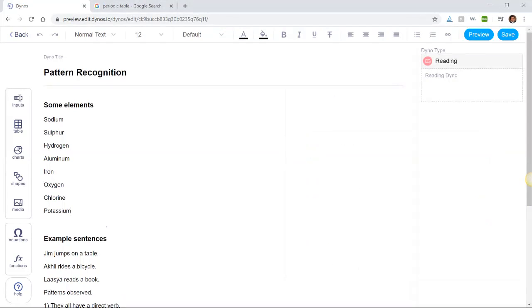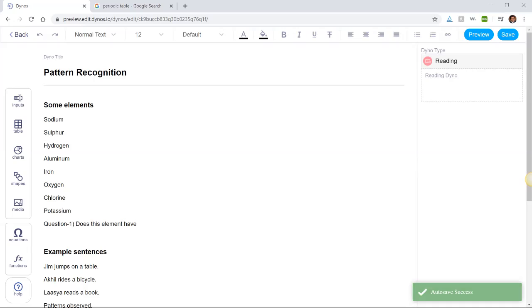So how do we go about recognizing patterns? How about some questions? Let's ask some questions. Question 1 is, does this element have a positive charge or negative?